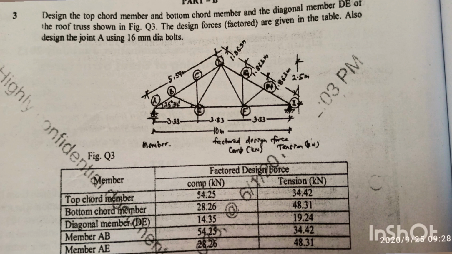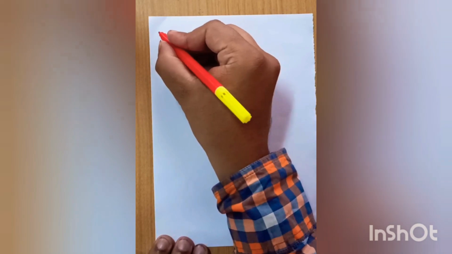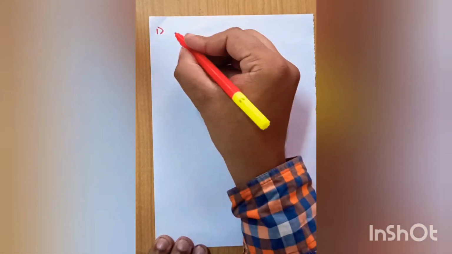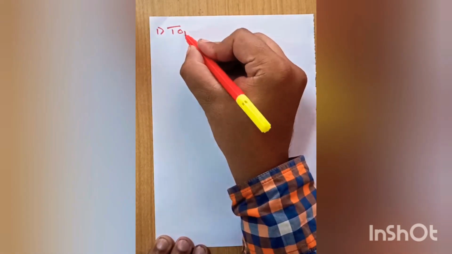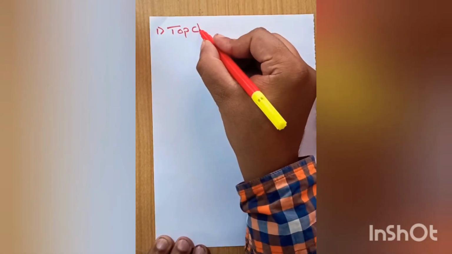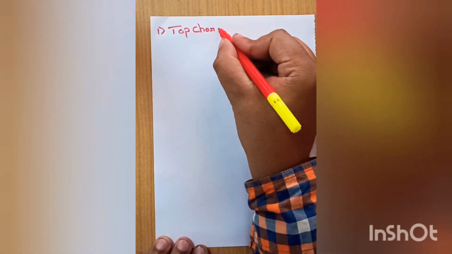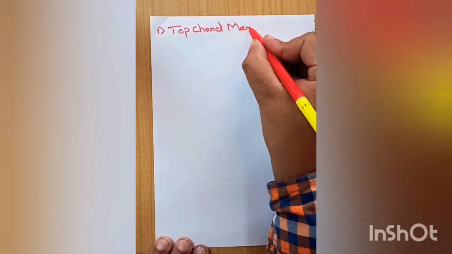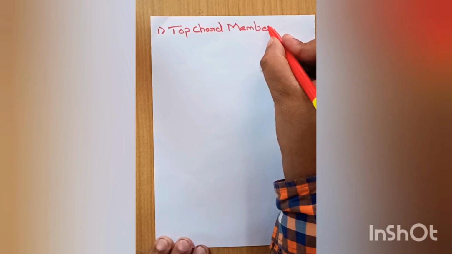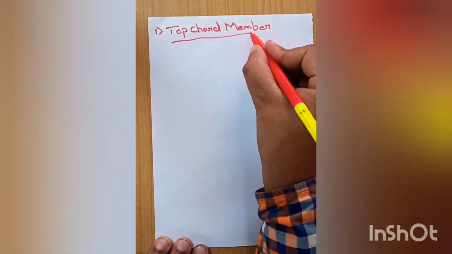So here the reversal of stresses means, so we have first one, top chord member. So this is top chord member.